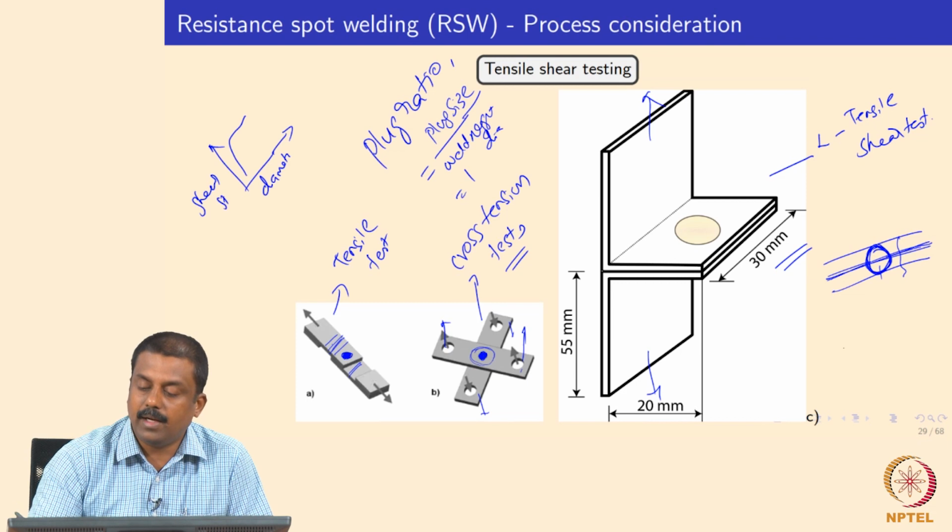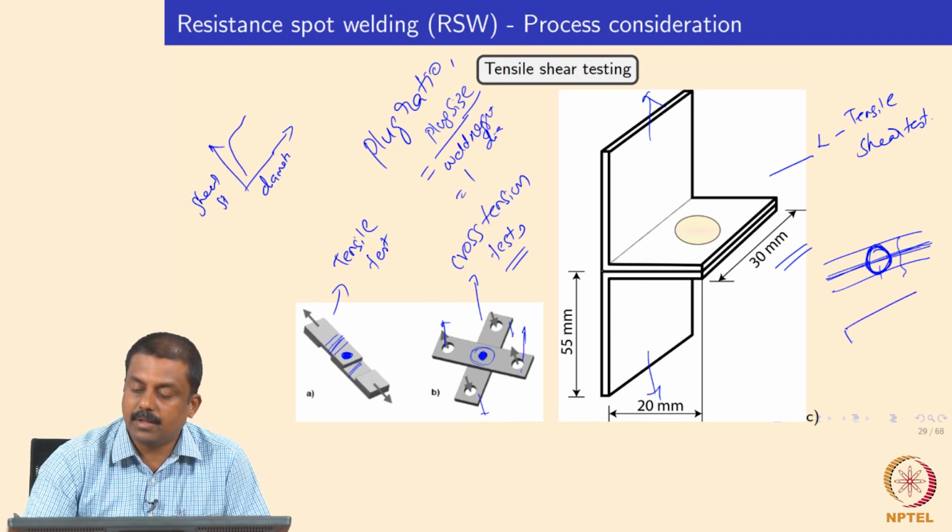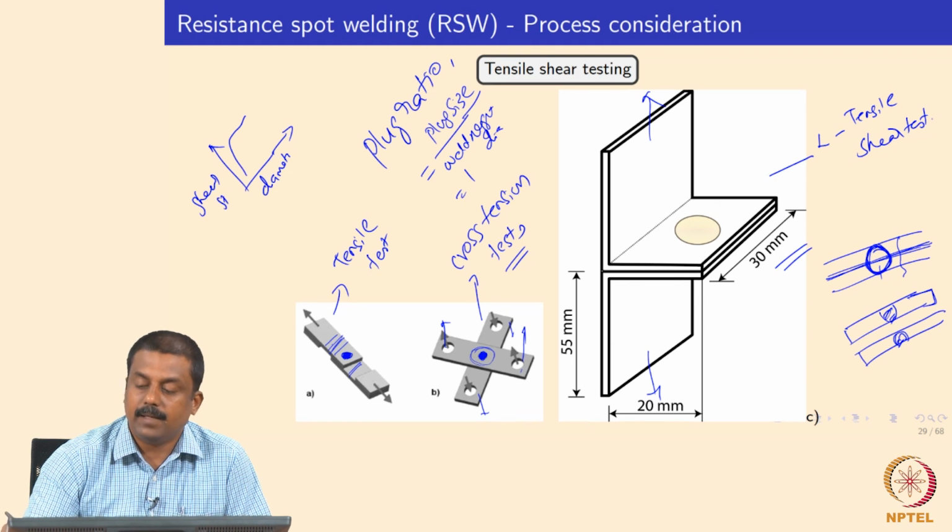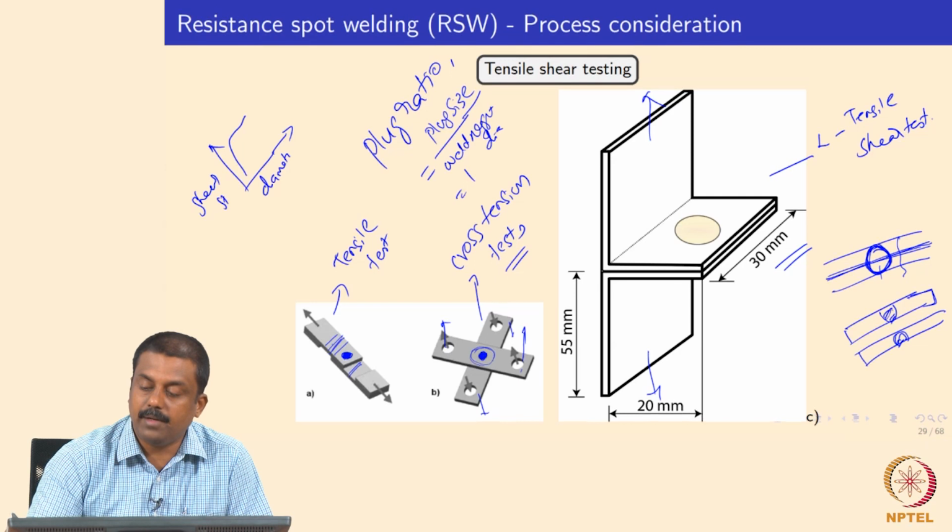Suppose you have a complete interface failure. Okay, so you have a material which caused a complete interface failure, and the two plates after a cross tension test separated as they were before welding. So that means your plug ratio is 0, right.